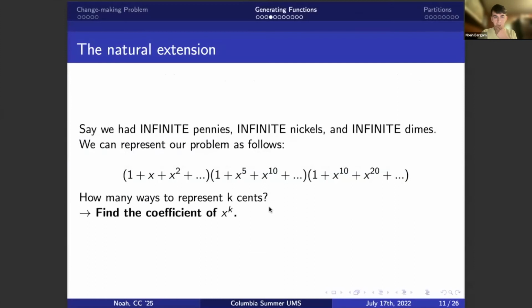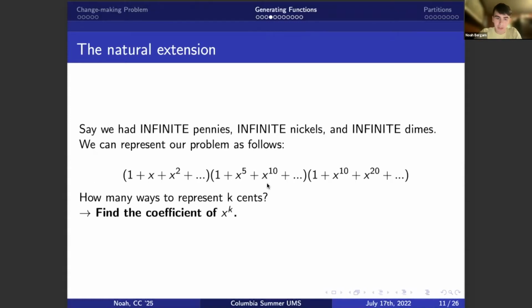And the natural extension for our problem is that we actually have infinite pennies at our disposal. We have infinite nickels, we have infinite dimes, and of course, we would have further coins like quarters and half dollars and dollar coins. And really what this becomes is, instead of having a finite polynomial, we have an infinite one, right? And the question becomes, how many different ways can we represent k cents?